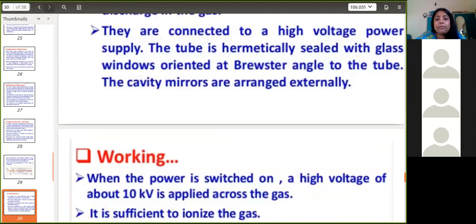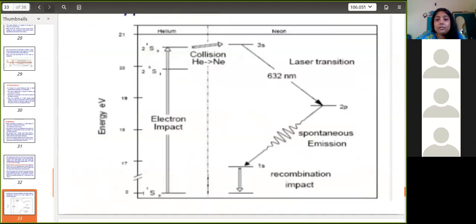Mainly यहाँ पे जो laser हमें मिलता है, that is because of the transitions of the neon atoms from 3s level to 2p level. तो बाकी का mechanism same है, difference है only the pumping में and, in case of ruby laser we had two reflecting mirrors. Here we will have two Brewster's windows.